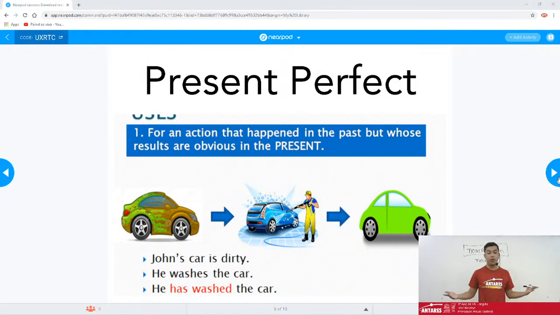John's car is dirty. He washes the car. What happened to the car? He has washed the car. So it started in the past, but it's still true now. The results are clear now.